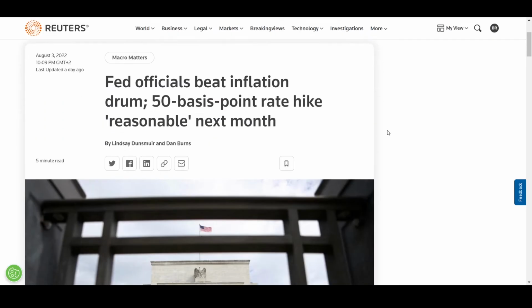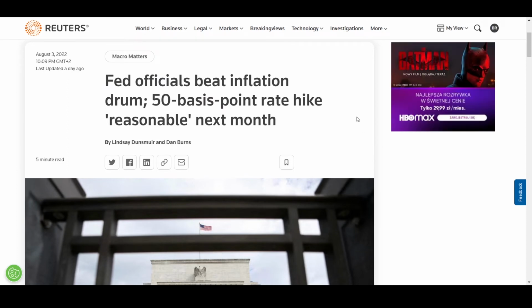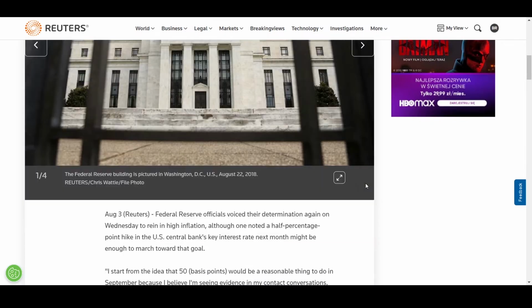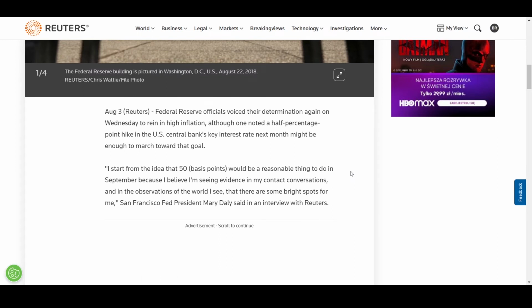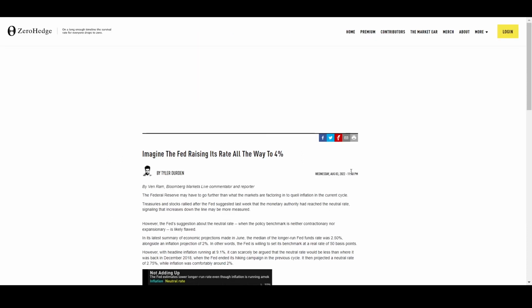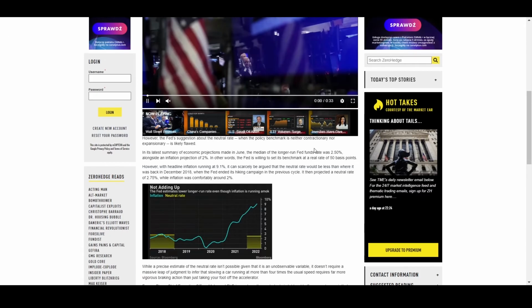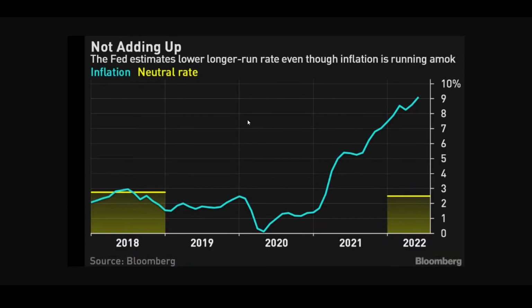So the market is expecting the Fed to beat the inflation drum. A 50 basis point rate hike is reasonable next month, and that's something that is priced in. However, we still expect in some scenarios to have it at even higher levels, whereas there are some projections that the Fed may raise their estimates after having the economy go in the right direction, whereas inflation is not stopping.